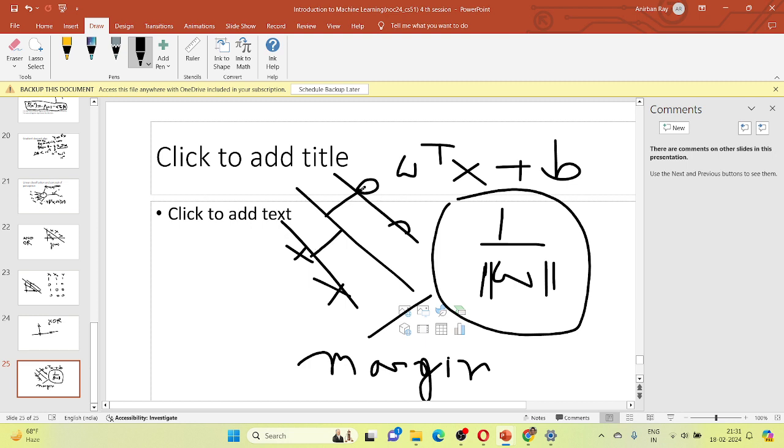You have to understand that the distance from the nearest training example is the margin. So it is twice that if taken on both sides. This is called the margin.